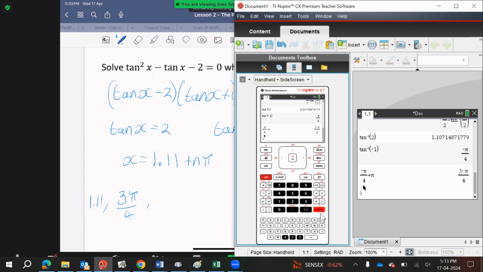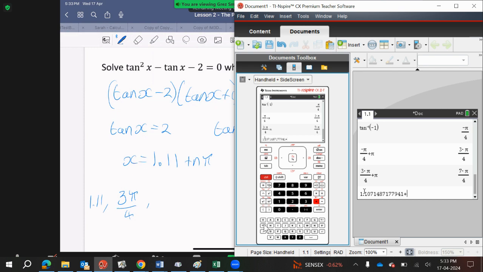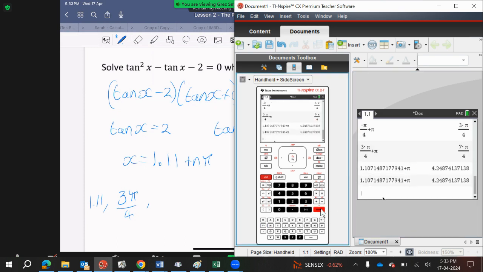Our next one is going to come from this value, and then add a pi to it. So 4.25. And then we need this value up here, 7 pi over 4. All right, those are our values.